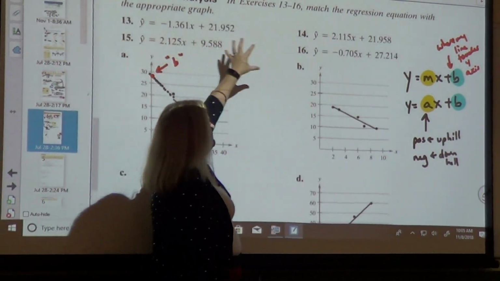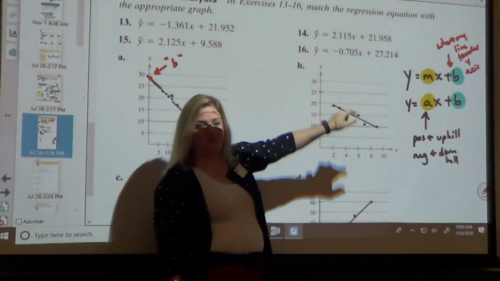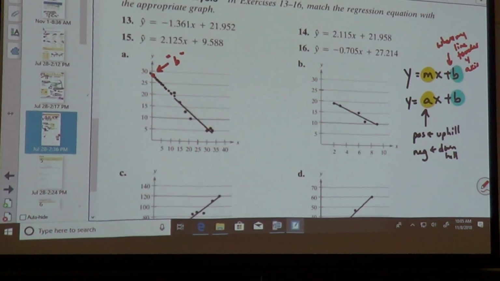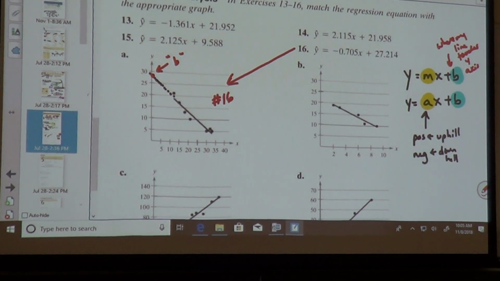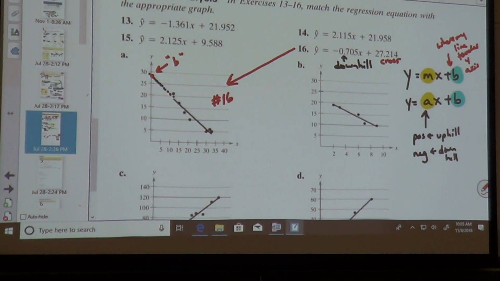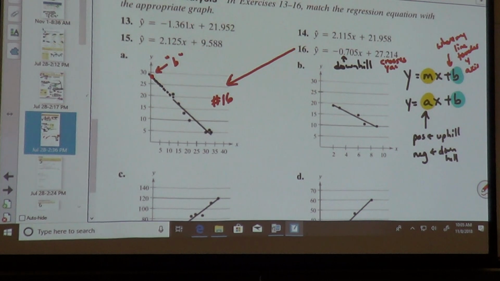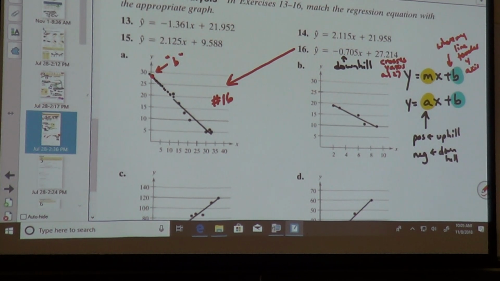So that would be my B. So which number would go with that one? This one. So this one is number 16, because this is telling me it goes downhill, and this is telling me it crosses the y-axis at 27. You with me?